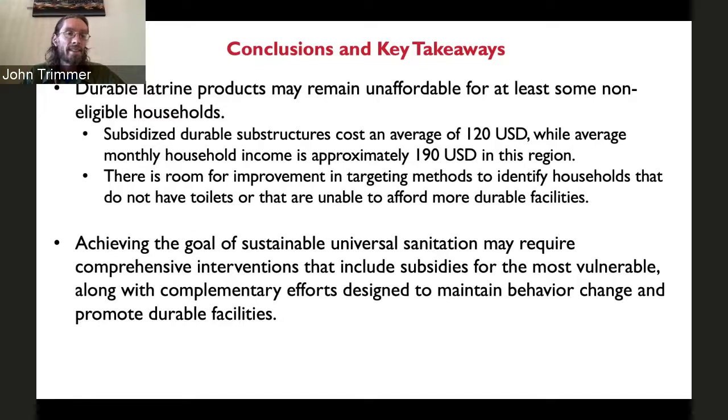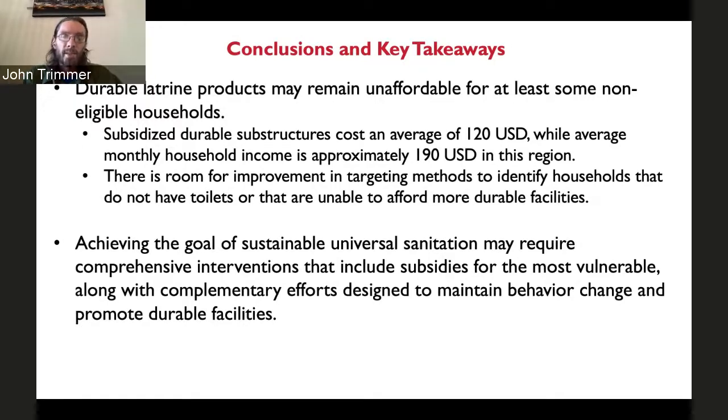But based on the selection criteria we used and some of the points we made near the end of the presentation about ways to potentially improve those targeting criteria, I think the criteria we used were generally agreed upon by the communities in which we were working, and people felt they were appropriate and the right criteria to use.